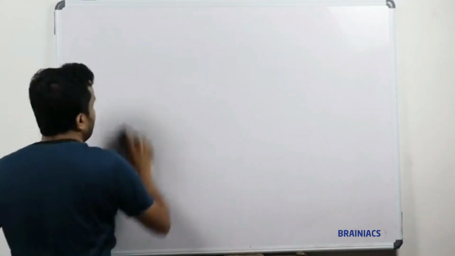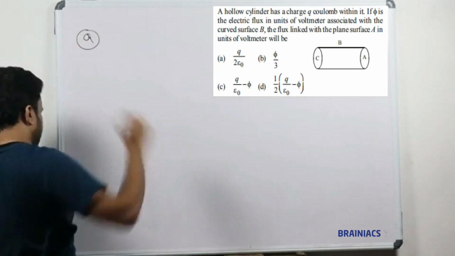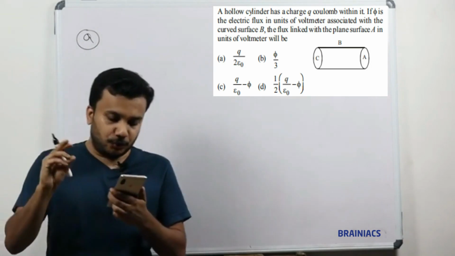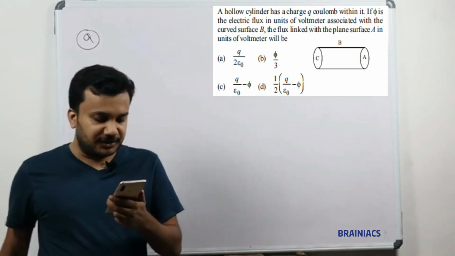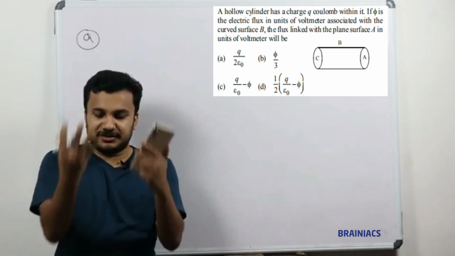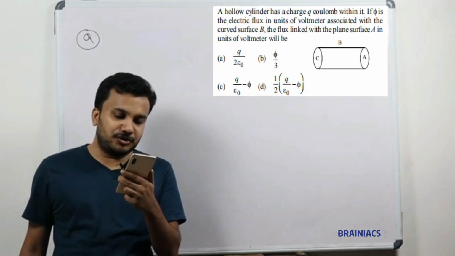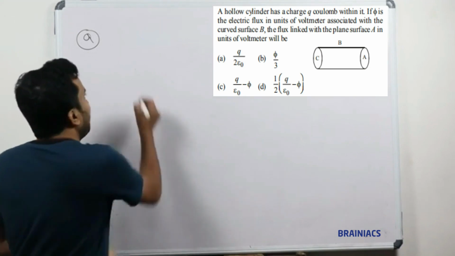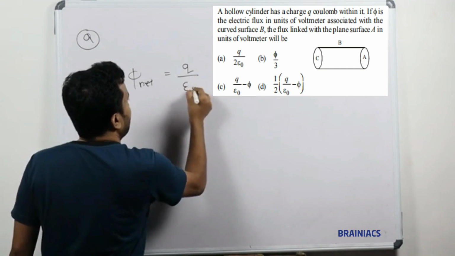Okay. So let's move to question number 9. A hollow cylinder has a charge Q coulomb within it. A cylinder is given, a normal pipe-like structure. Hollow means inside it is empty, it is just a cylinder. If phi is the electric flux in units of volt-meter associated with the curved surface B. So I can say total flux phi net will be equal to Q divided by epsilon 0.